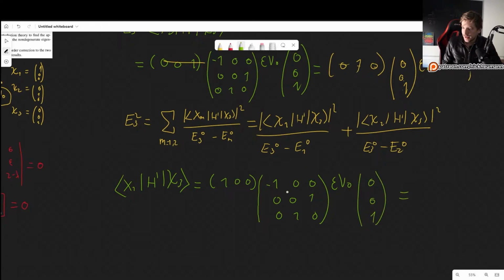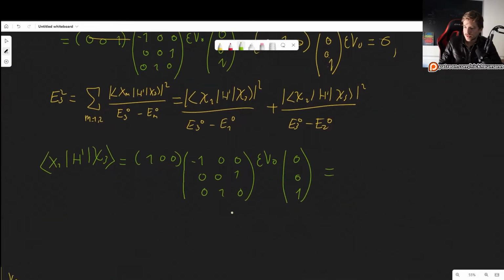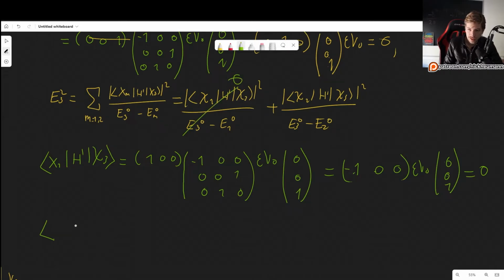So let's multiply the matrix and the row vector first. We get minus 1, then this and this we get 0, and this and this we also get 0. So minus 1, 0, 0 times epsilon V0 times 0, 0, 1, but this thing is 0, right? Minus 1 times 0, 0 times 0, 0 times 1. So of course this entire thing is 0. We don't need to worry about anything else.